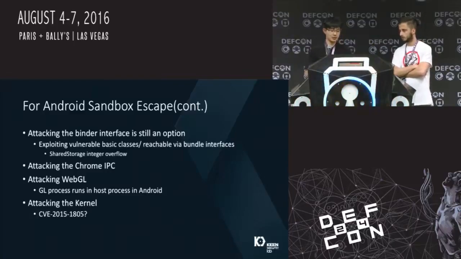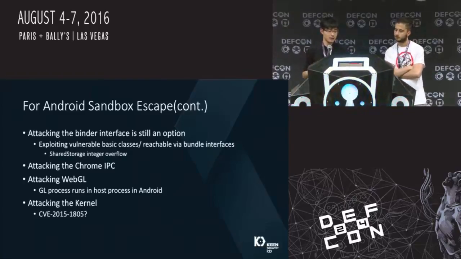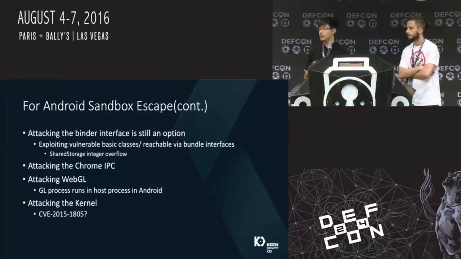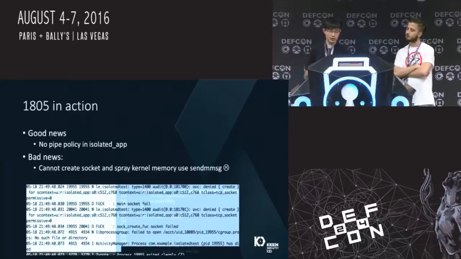And finally, we also have some kernel stuff, just like what we did to the Safari render sandboxes. For example, CVE-2015-1805 is a bug that we exploited to gain a stable root on Android, and we tried to port it to the render sandboxes. And there is good news and bad news for exploiting it in the render sandbox.